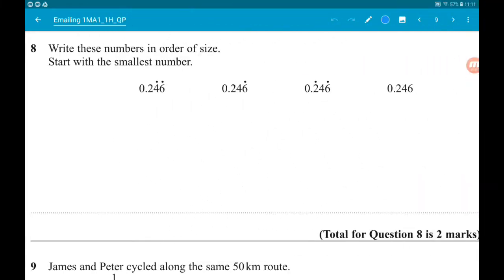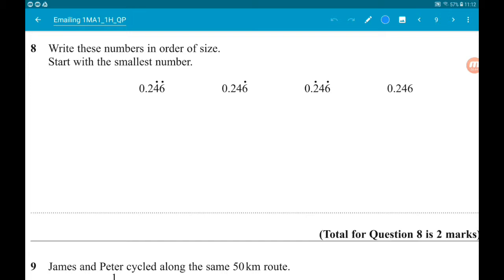Okay, number 8. We're asked to write these numbers in order of size, starting with the smallest number. So we've got 0.246 recurring, so that's 0.2464646 forever. 0.246 recurring, so that's 0.2466666 forever. 0.246 recurring, so that's 0.246246 forever.